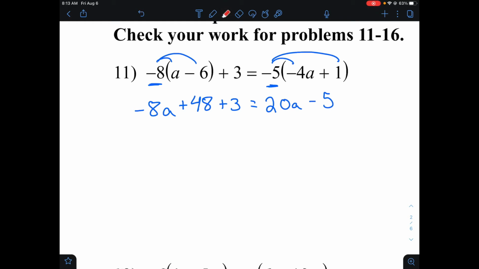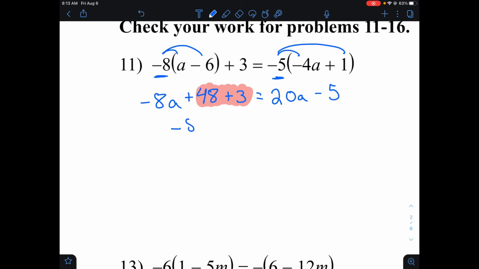But before we do that, we need to combine like terms. When like terms are on the same side of the equation, you just add them like normal. So this 48 and this 3, these are like terms. They're both constants, so we can add them up. So we end up with minus 8a plus 51. And then we're going to set that equal to 20a minus 5.